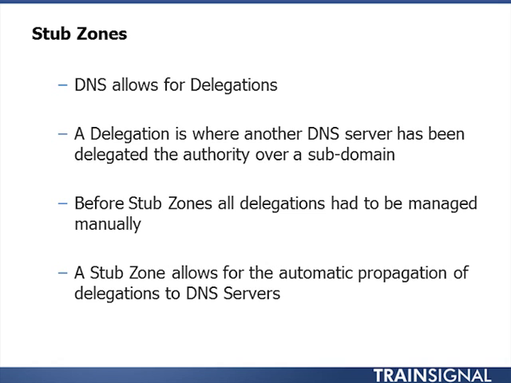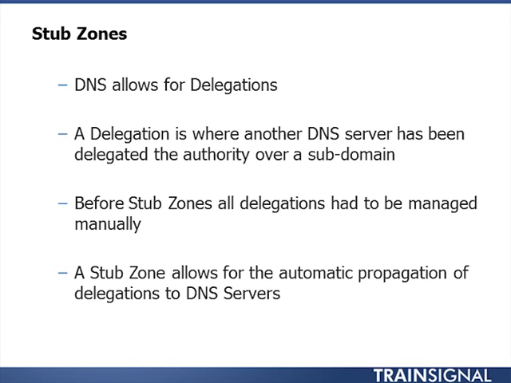So what a stub zone will do is it allows for the automatic propagation of those delegations to the DNS servers. So what you do is you create the stub zone on the parent. So on globalmantics.com, you create a stub zone for na.globalmantics.com. You point that stub zone to one DNS server that is authoritative for that subdomain.